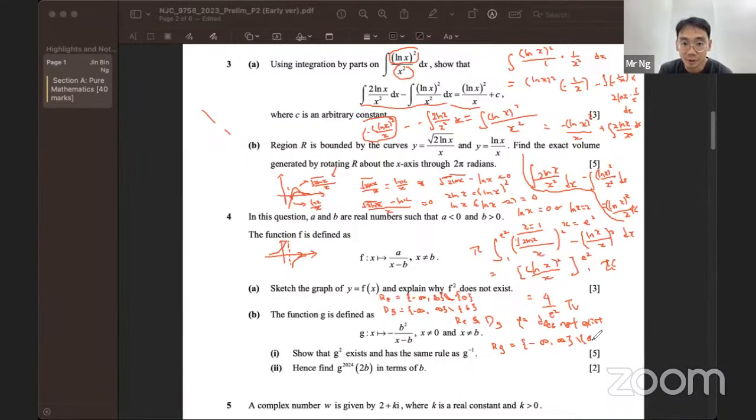Why is it the same thing? Because if you look at these two equations, this one and this one, a is a negative number, then minus b squared is also negative. So it's just the same graph, stretched or compressed only. So the range of both functions should be the same.